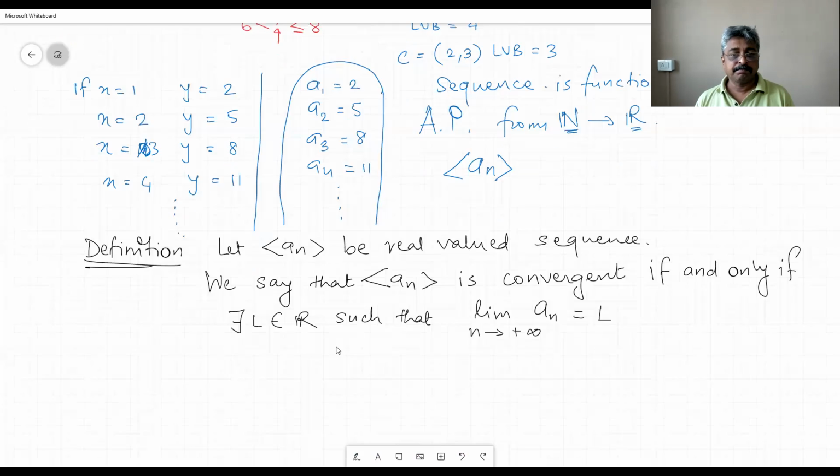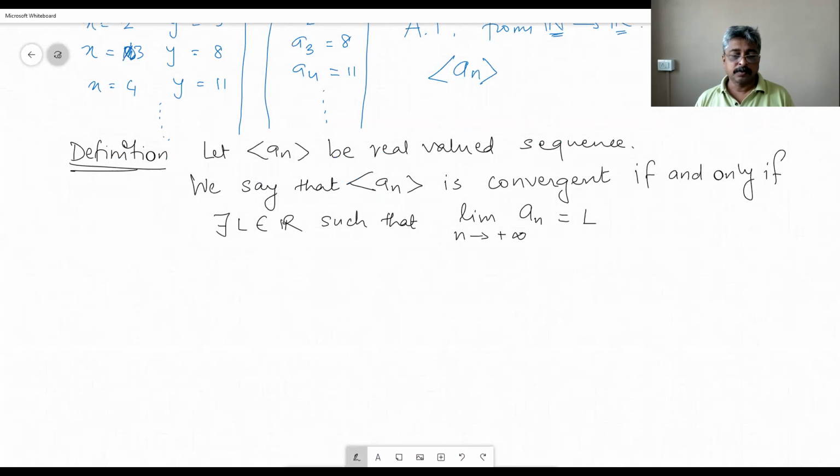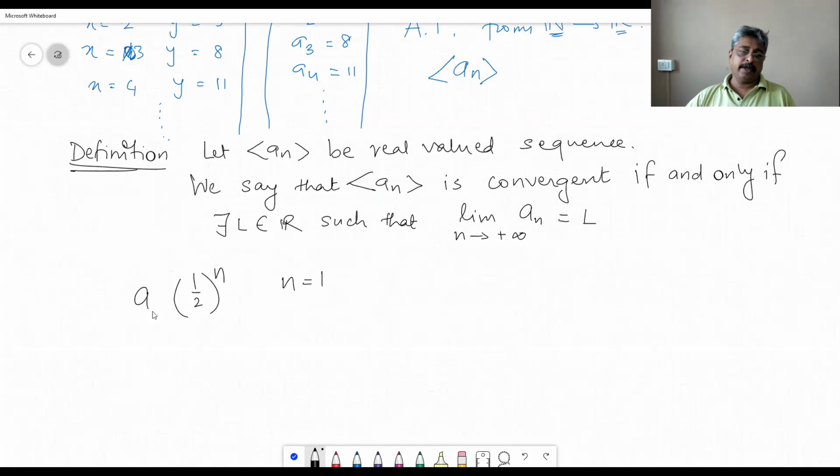Example. Suppose we consider the sequence 1/2 raised to n. If n is equal to 1, an is equal to this.